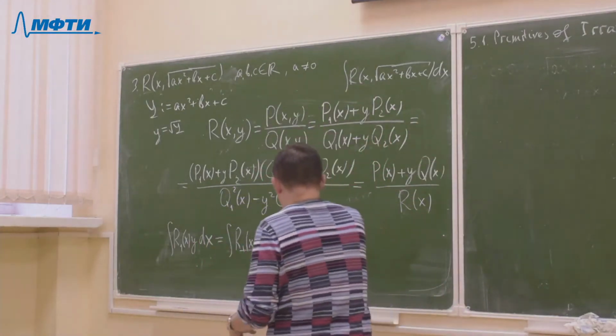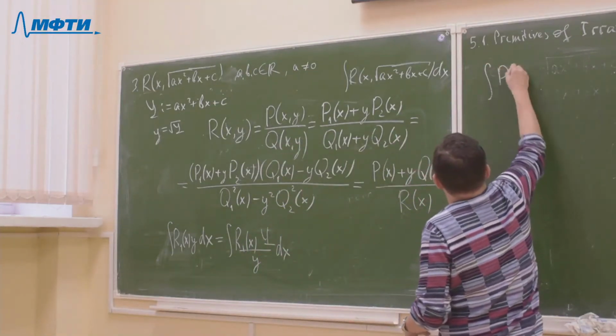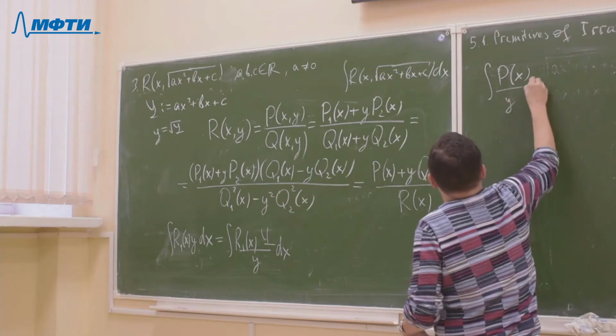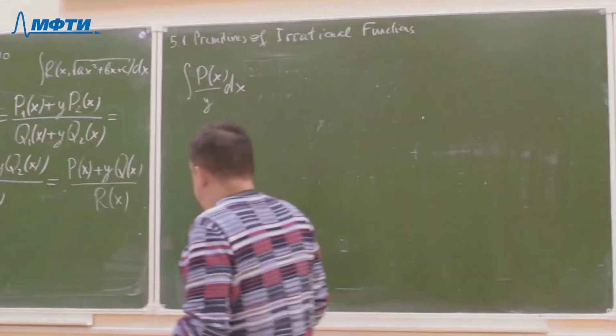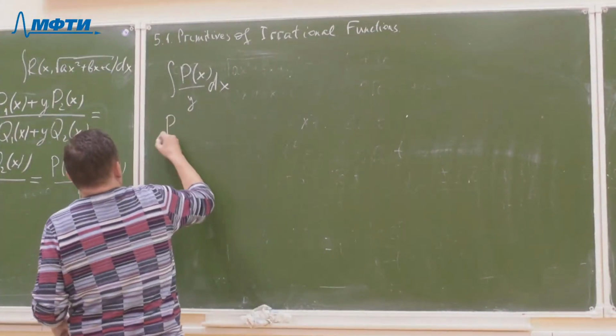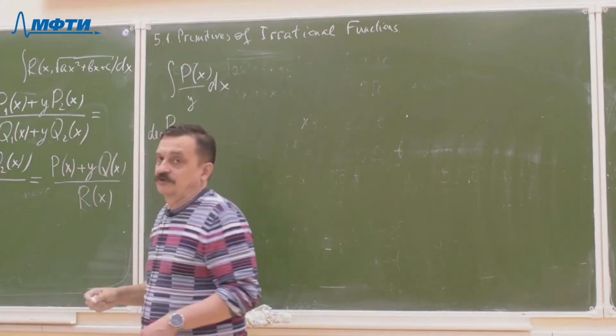So instead of this, I'll consider only the particular case, polynomial over y. Only this one. P is a polynomial of degree m.